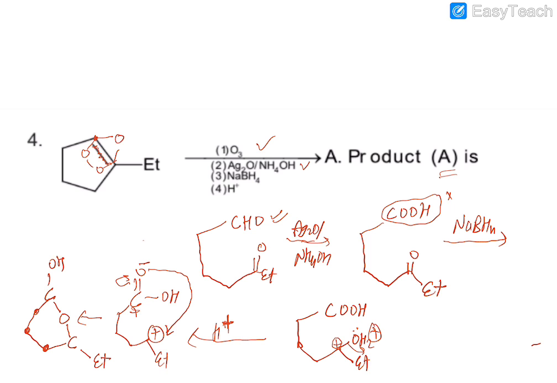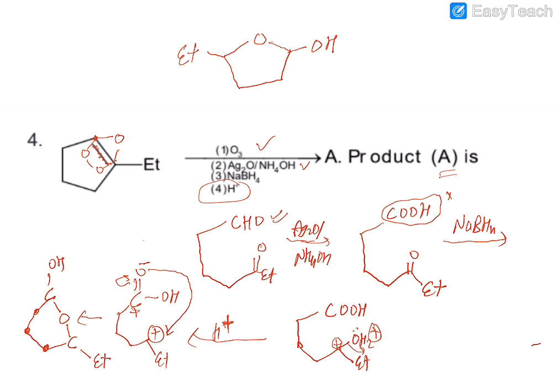Now students, H plus is a catalyst, so it will be removed from this structure, 1 2 3 4. Students, we can make it oxygen 1 2 3 4, right? And the carbon containing OH, another carbon containing the ethyl group.